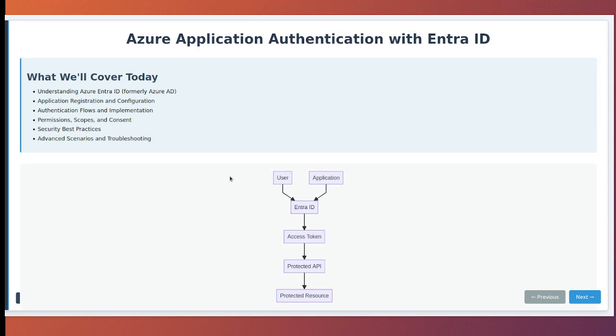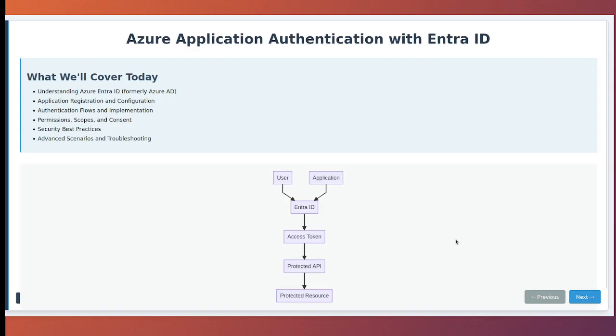What we will cover today includes the fundamental concepts of Entra ID authentication, how to register applications, implement different authentication flows, manage permissions and consents, and secure your applications using best practices. Whether you are building a simple web app or a complex microservices architecture, understanding these concepts is crucial.